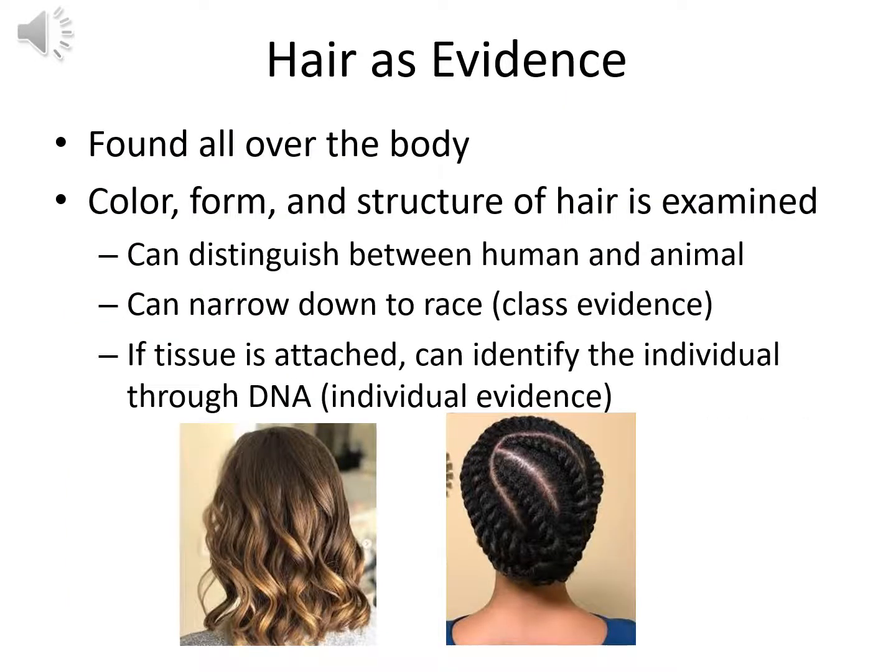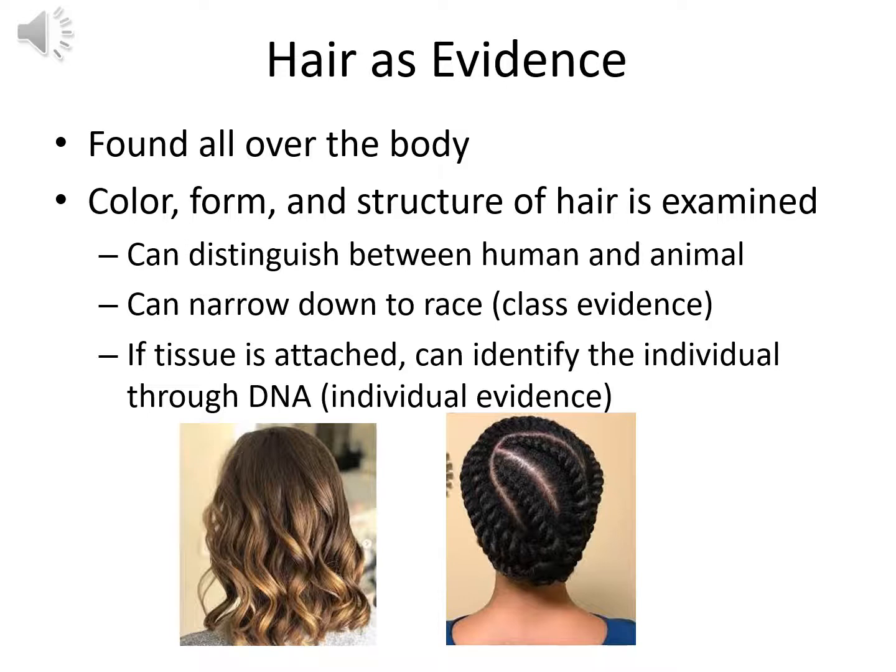Okay, so hair as a particular type of evidence is interesting because it's found all over the body. So we hopefully will have hairs from victim and suspect at the scene. There's variations in things like color, form, and structure of the hair, so we can examine that and determine key features of the hair.